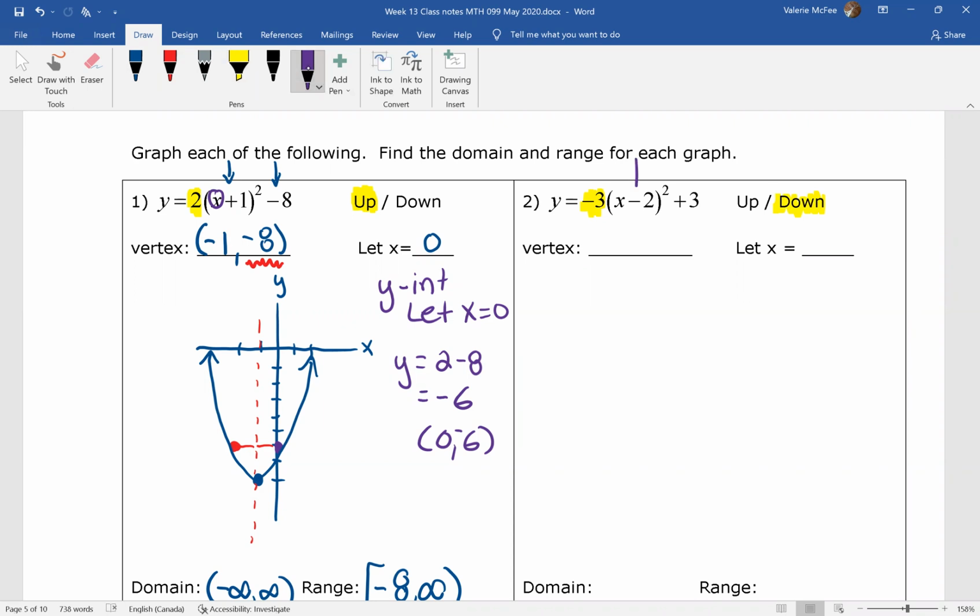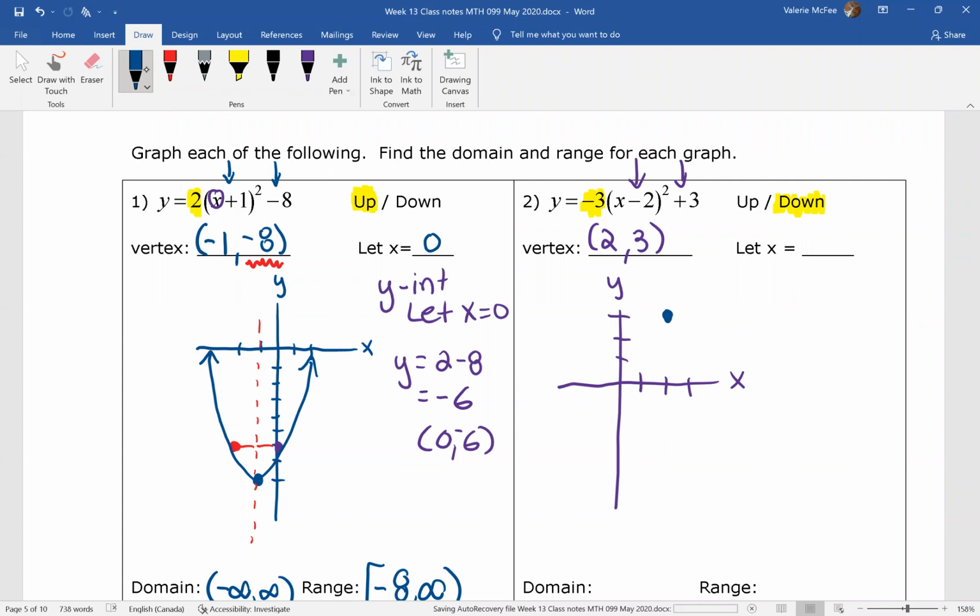The vertex is the opposite of the sign here, and it's exactly the same as the sign here. So at (2, 3) we have our vertex, and we know it's going to open down.